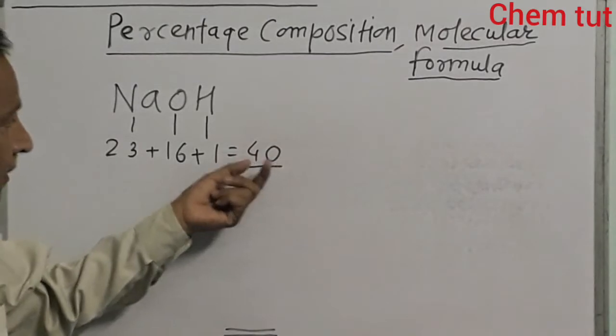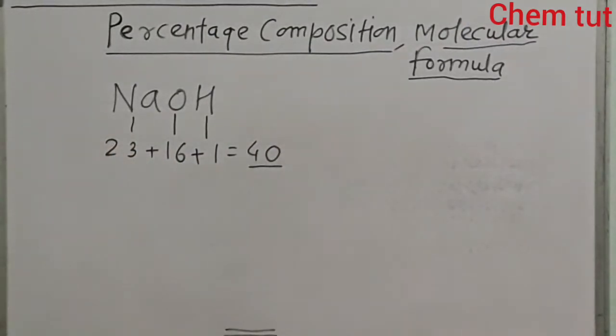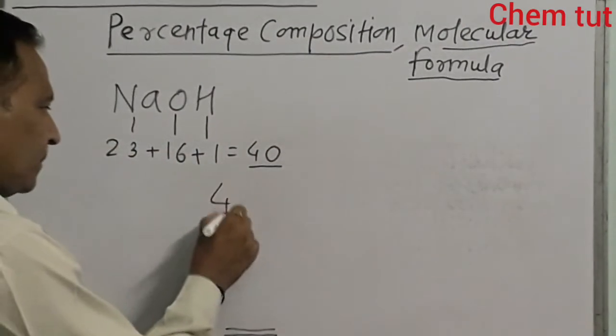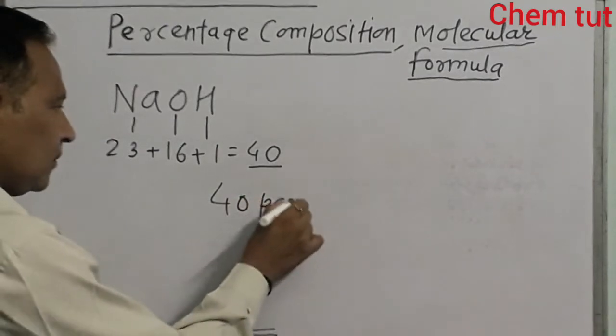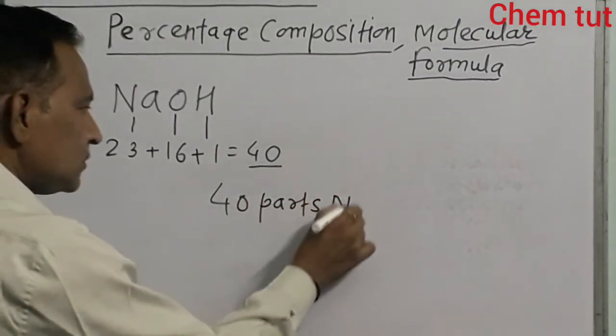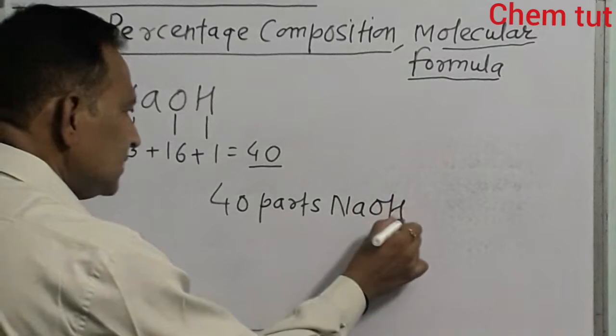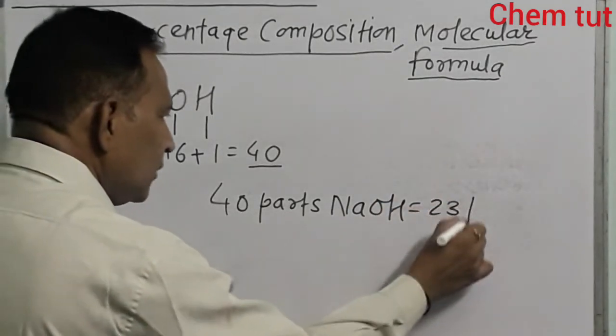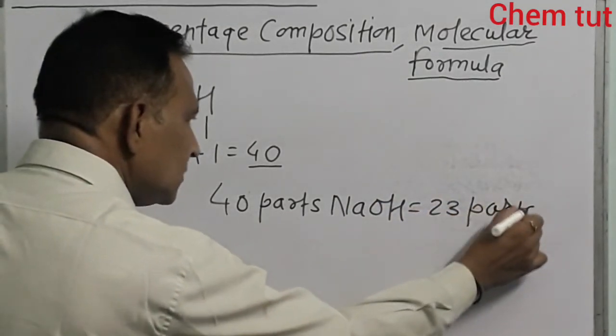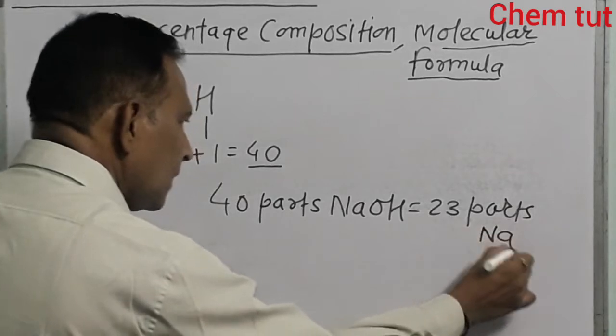Therefore in 100, what will be the contribution of sodium? It is so simple. In 40 parts of NaOH, there is a contribution of 23 parts sodium.